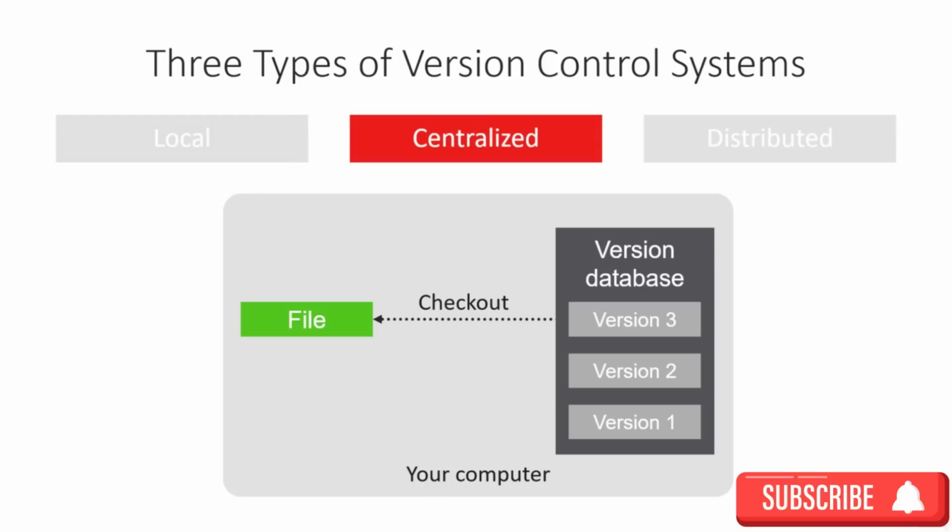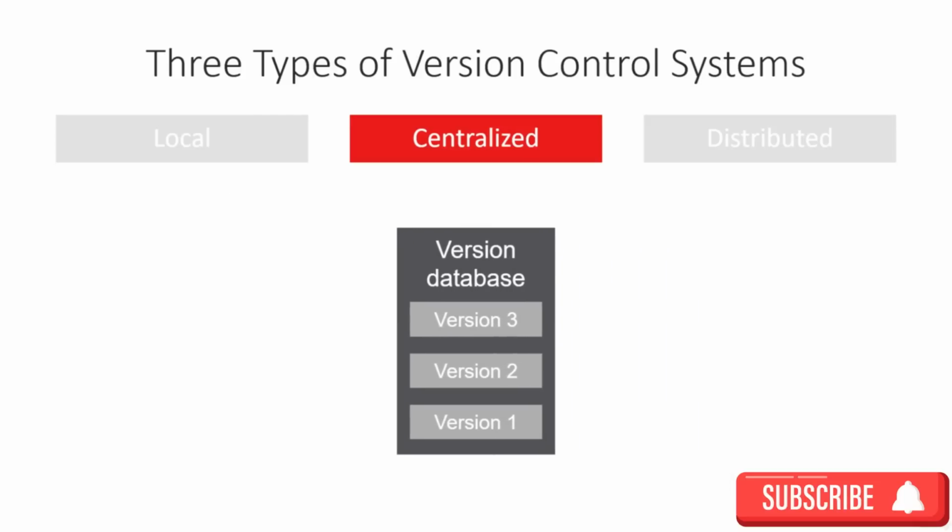With a centralized version control system, you have also a version database. But here, the version database is not stored on your computer. Instead, it is located on a central server. This central server is the reason why it is called centralized version control systems.